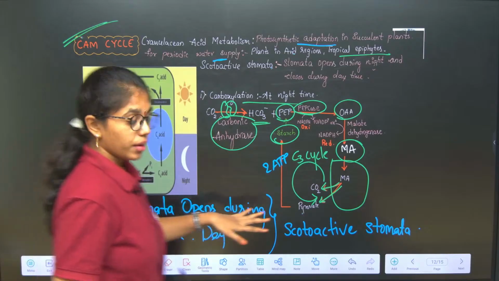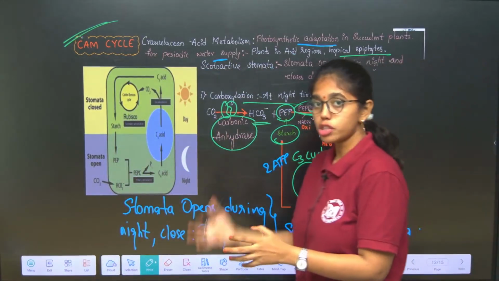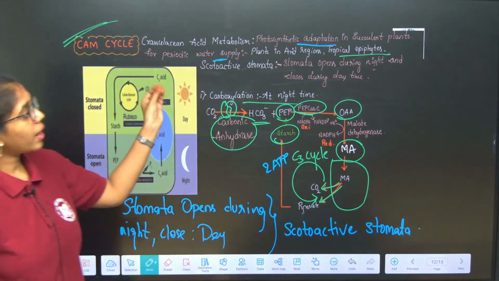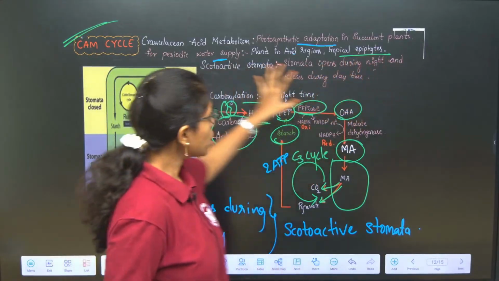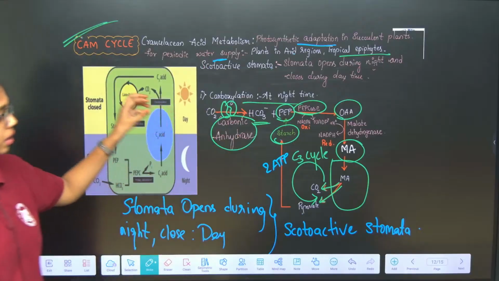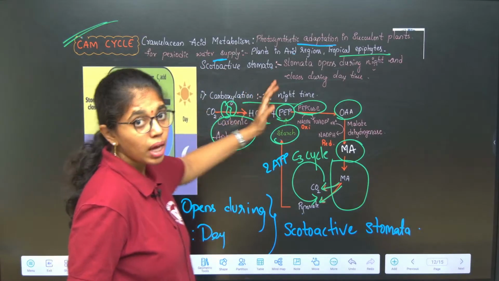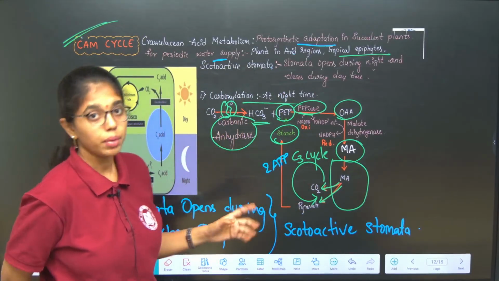So, look at here, CAM plants will be having scotoactive stomata. Mostly these are desert plants or plants belonging to arid regions and tropical epiphytes. They have scotoactive stomata and initial carboxylation during night time, and the second carbon fixation, that is the C3 cycle, will happen during daytime.